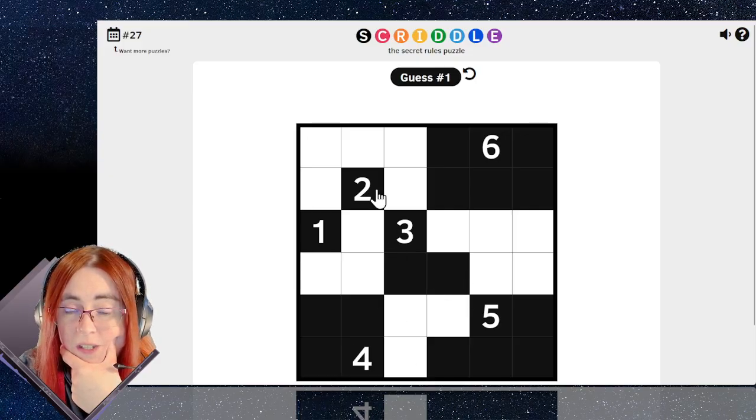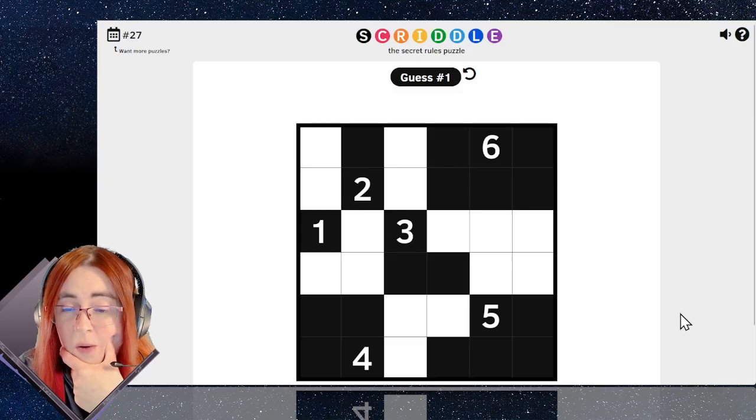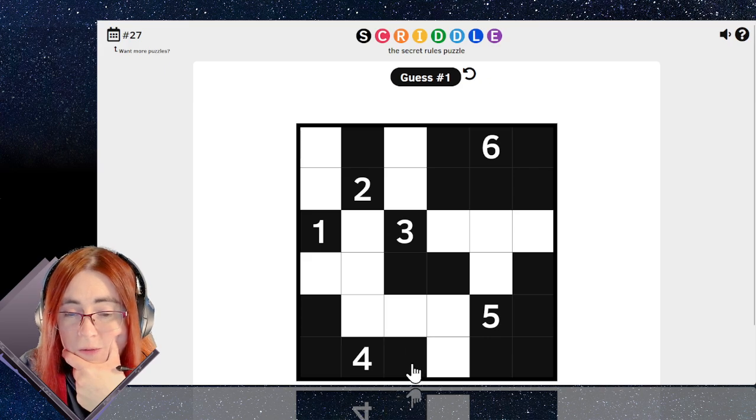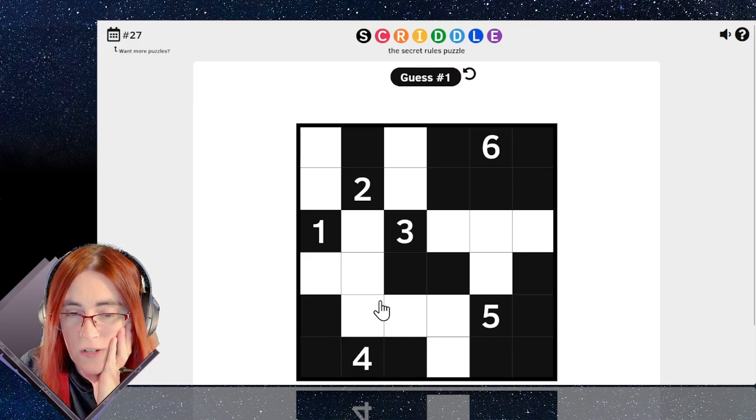That would be a way of doing this, but I don't know if it's unique. I don't think it is unique, because we could do things like move the 5 over there, move the 4 down here. Is there another goal that we could be trying to achieve while we're doing this?